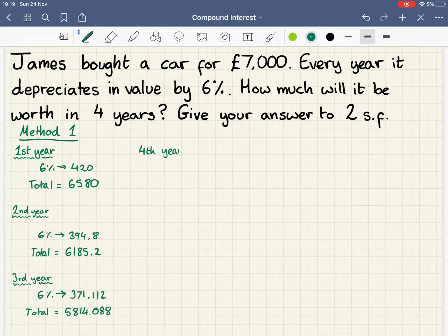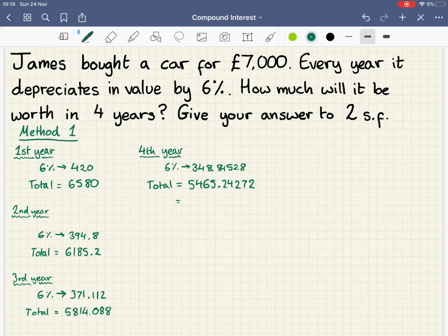So I'm now on to the fourth year. So the fourth year, 6% is 300.84528, and our total, when you do that takeaway, should have got 5,465.24272.